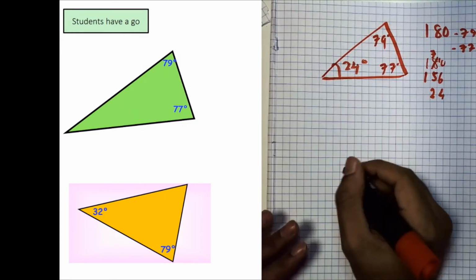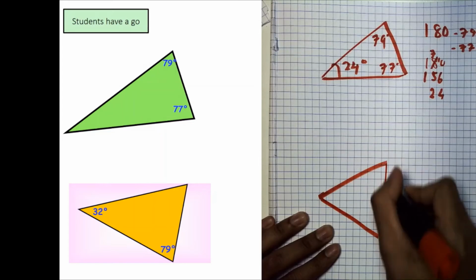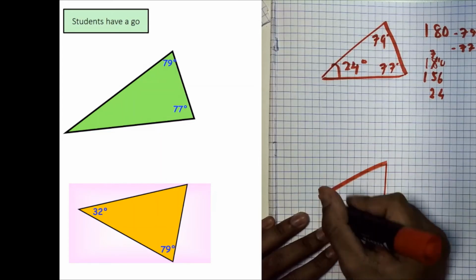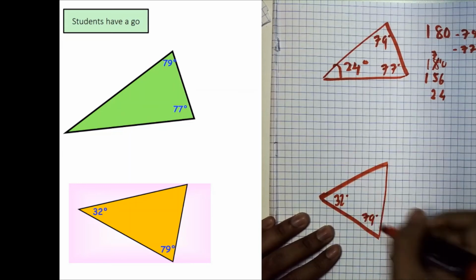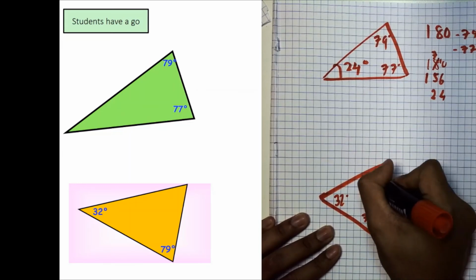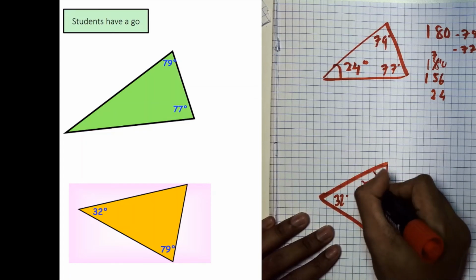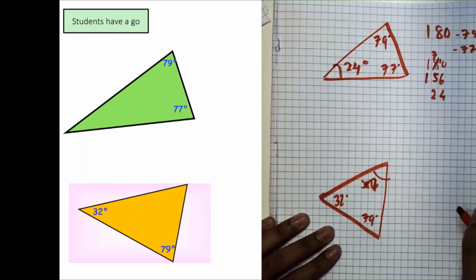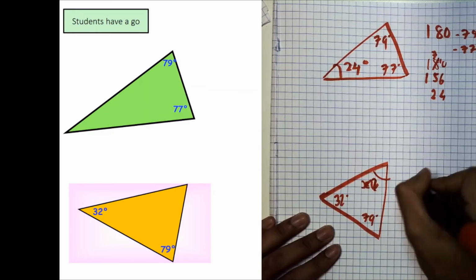Good. Now, for the second triangle, again, I'll quickly just sketch it out. This angle over here is said to be 32 degrees. This one is said to be 79 degrees. And we don't know this angle over here. Call it question mark, call it X, call it whatever you want. It doesn't really matter, as long as you get to the answer. Once again, 32 plus 79 in this case will be 111.